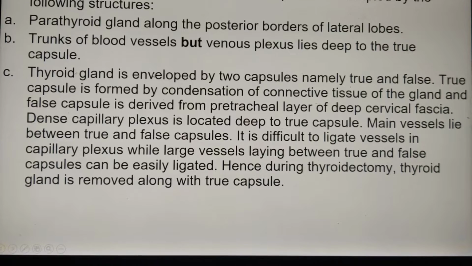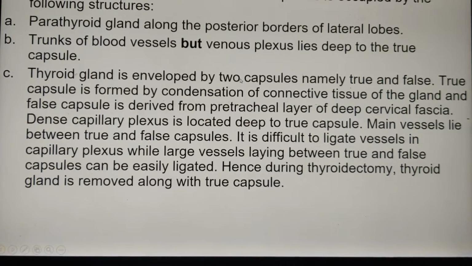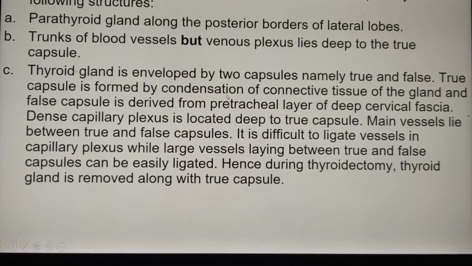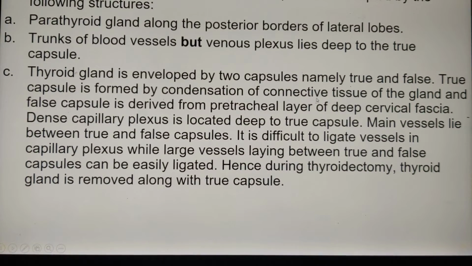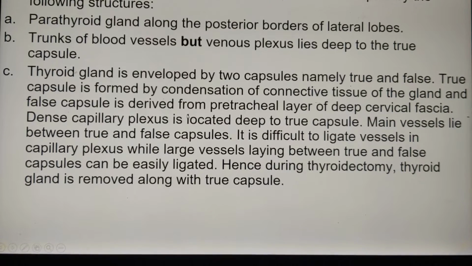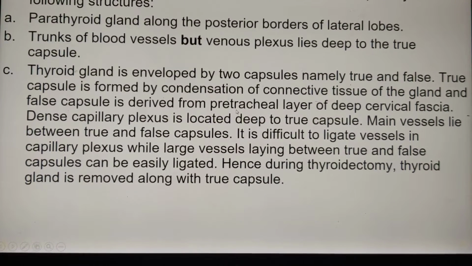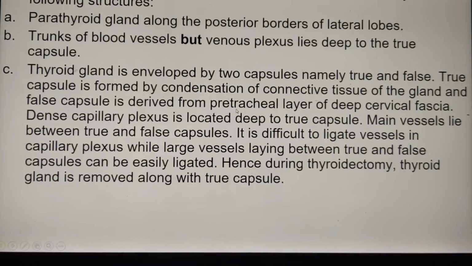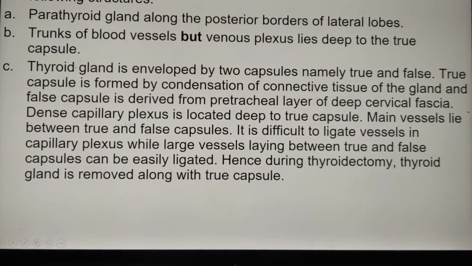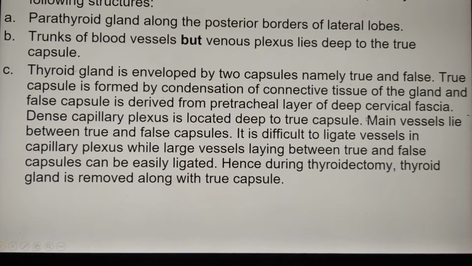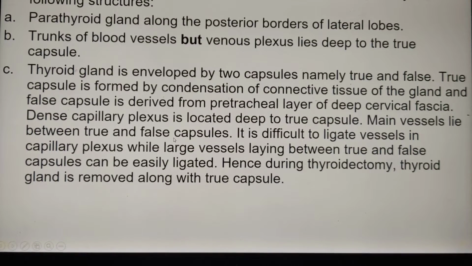The thyroid gland is enveloped by two capsules, namely the true and false capsules. The true capsule is formed by the condensation of the connective tissue of the gland itself, and the false capsule is derived from the pretracheal layer of the deep cervical fascia. The dense capillary plexus is located deep to the true capsule, but the main vessels lie between the true and false capsules.